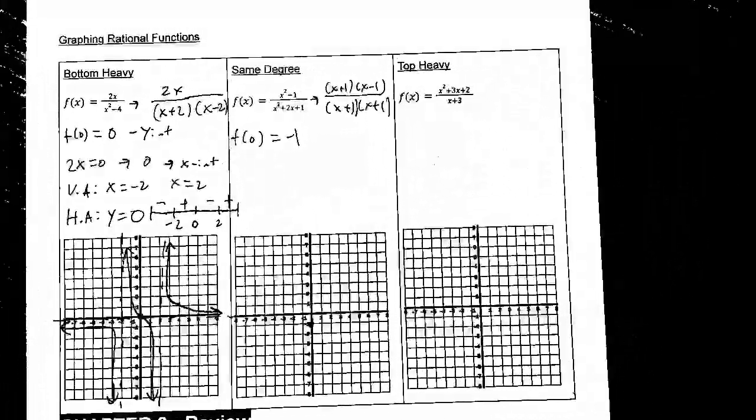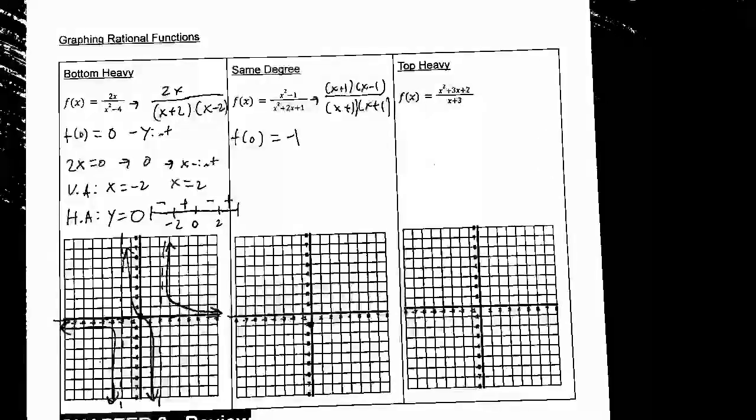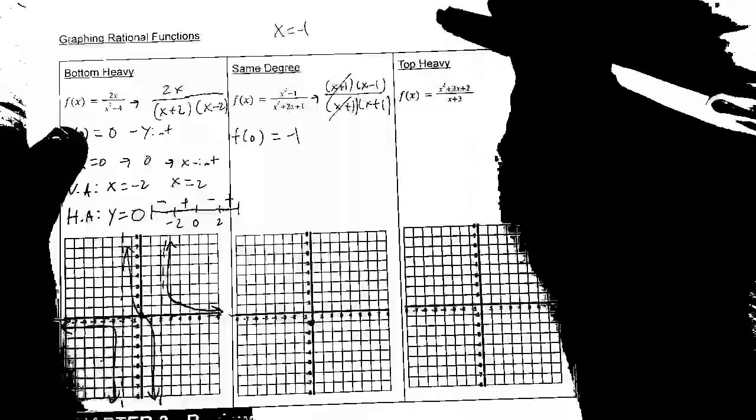Now, this is a weird problem because we do have a hole, right? We have a hole at what value? Negative 1. This is a weird problem because yes, we have a hole at negative 1, so I could cancel these two out. But when I plug that negative 1 back in, do I get a value? No, because there's also a vertical asymptote at negative 1. Even though it appears top and bottom as a pair, you'd think, oh, we have a hole at negative 1.